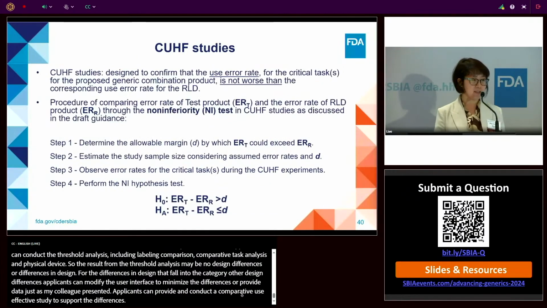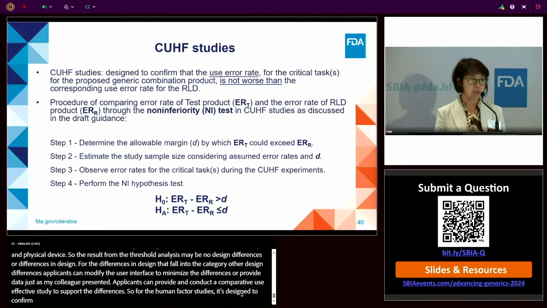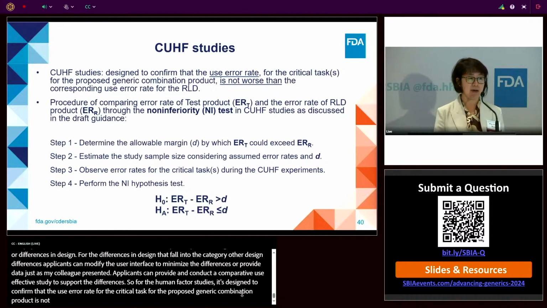The human factor study is designed to confirm that the use error rate for the critical task for the proposed generic combination product is not worse than the corresponding use error rate for the RLD.